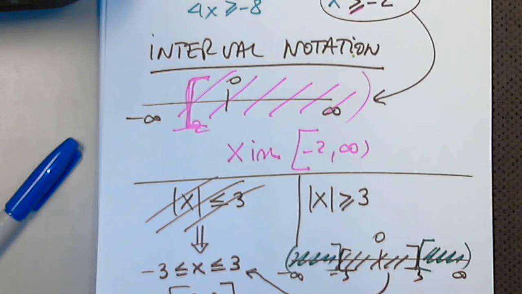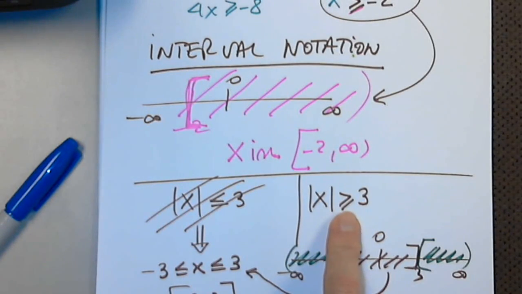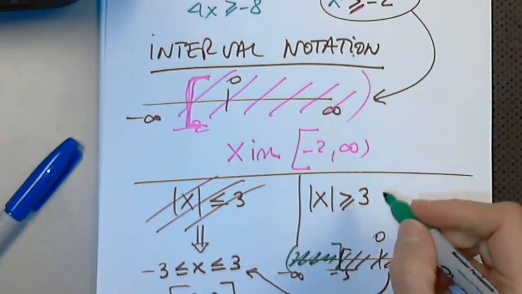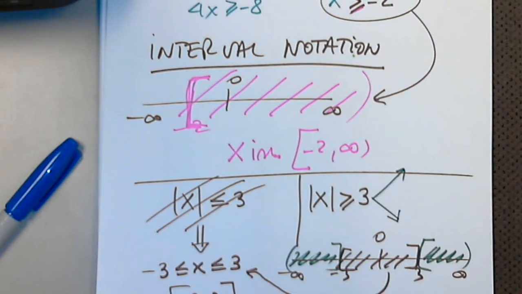So as you probably noticed, this is a more difficult situation than this one. Why? Here I can solve it in a chain. It's very nice. There is no headache here. Well, this one cannot be solved as a chain like it was here. So I have two totally separate inequalities.